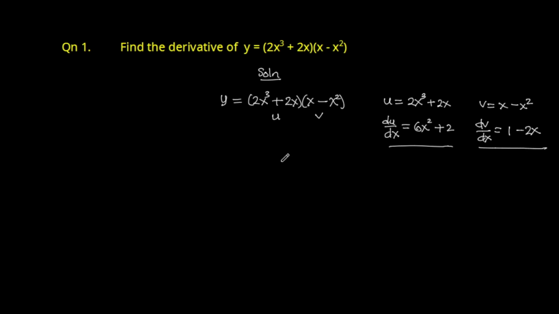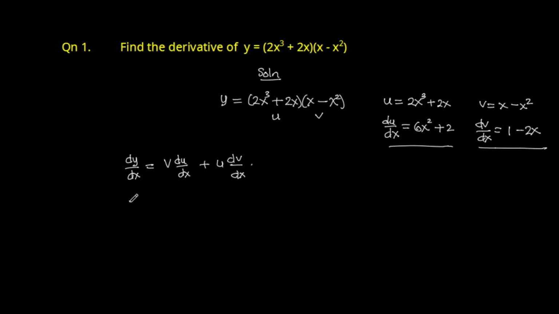Now let's go ahead and combine these two in the formula, where dy by dx is given by v du by dx plus u dv by dx. If you write this quantity first, it's also the same.